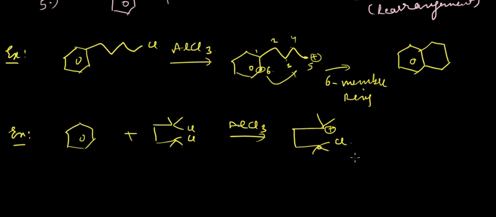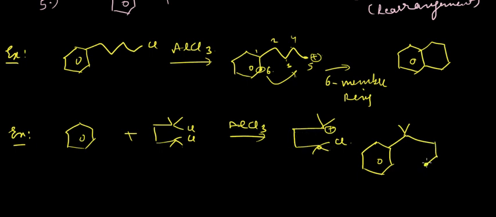Okay, so let's see what else we can do about it. We would have something like, again the benzene ring would be attacking the carbocation. 1 2 3 4.